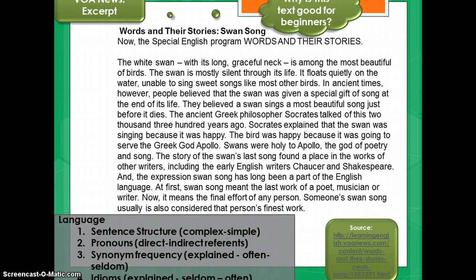Some parts might be a little more complex, but in general, think about the complexity of the sentence structure, if the pronouns have direct or indirect reference, if synonyms are used frequently, and if they are used, if they're explained. And then think about idioms. See if there are idioms that are used frequently, and if they are used, if they're explained. Go ahead and read through that now.